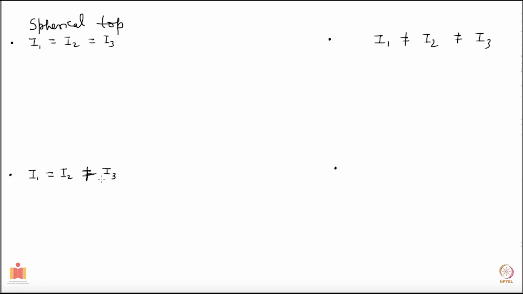That one has a symmetry axis, which, if you are holding it in your hand, the nail of this top is giving you the direction of the symmetry axis. Okay, and you have symmetry around that, and this corresponds to that configuration, that mass distribution, and it is not spherical, but it has a symmetry, so it is called symmetric top. Okay, and this one is asymmetric top.